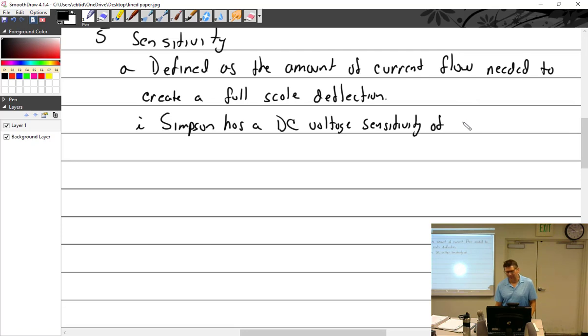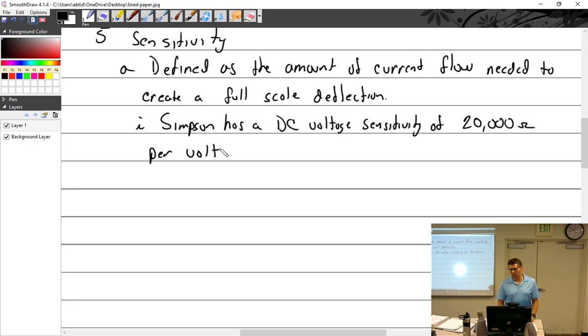Listen to that guy. 20,000 ohms per volt. So we're talking about sensitivity and full scale deflection. So to get a full scale deflection, you're talking about 20,000 ohms for every volt you're trying to measure.